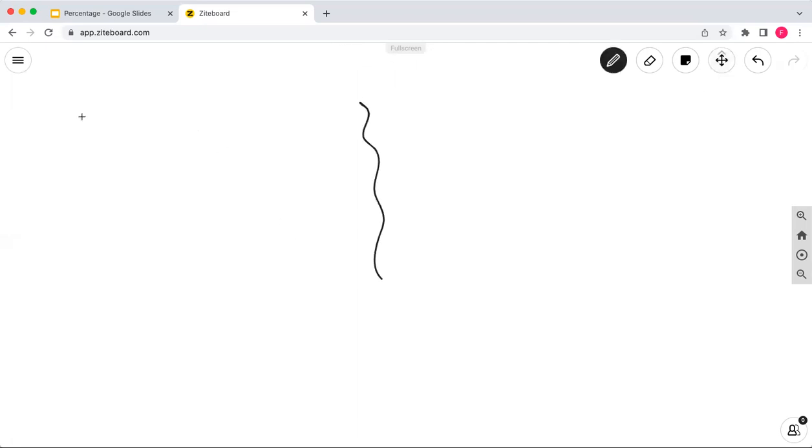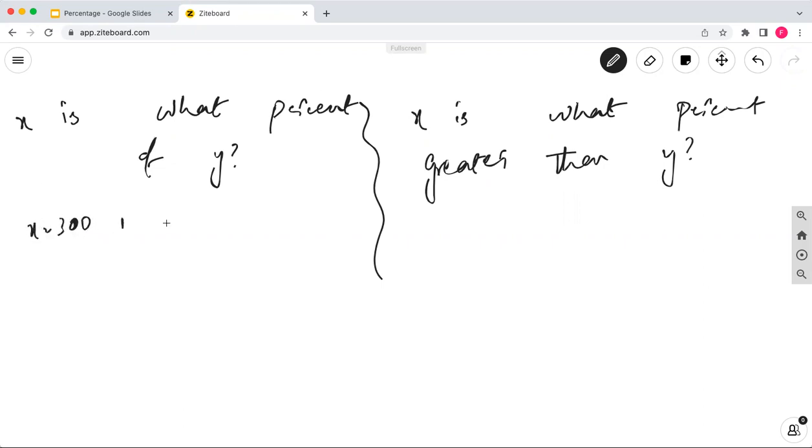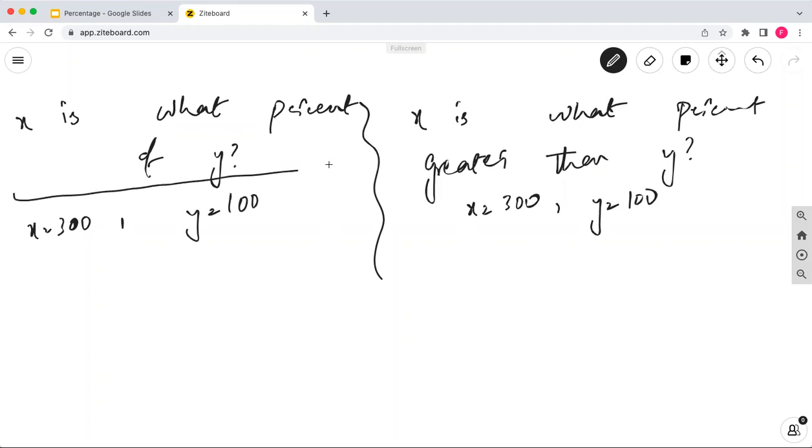If I say the question "x is what percent of y," or if I say "x is what percent greater than y," for example, if x is 300 and y is 100, what is the answer to the first part? 300%.